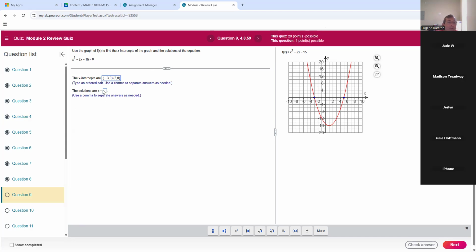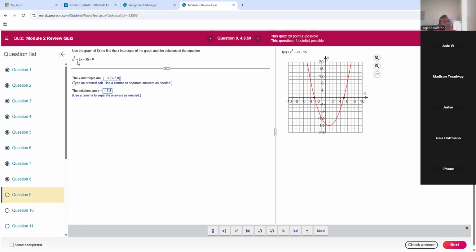Now, when you do the solutions, remember we said the solutions were equal to the x values of the x-intercepts. So the solutions would be -3, comma, 5. So just the x values for the solutions, okay?